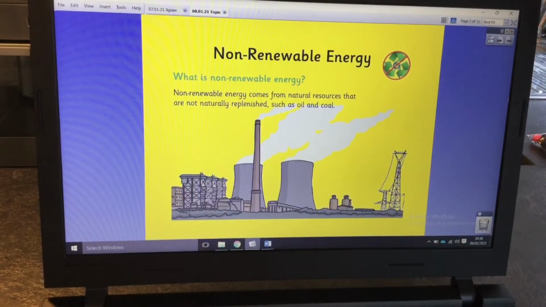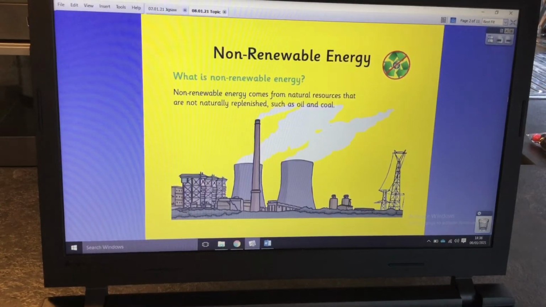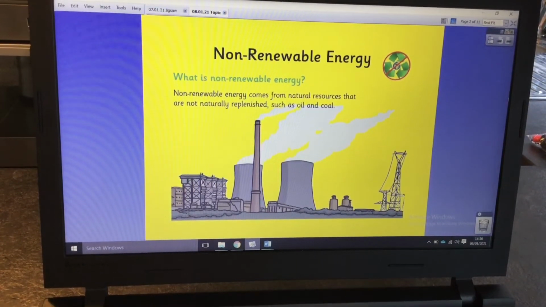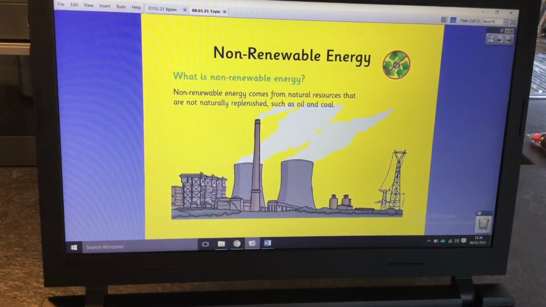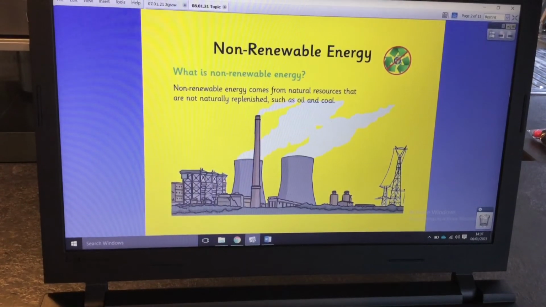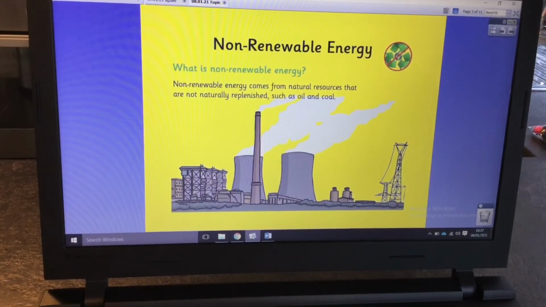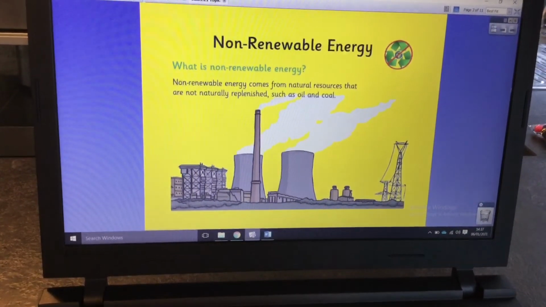We can no longer get energy from these resources because we've used them all up. These are not resources that grow or can be made again. They're natural because they were here on Earth and they're things that humans have found, but they are not things that will grow again. So once they are gone, they are gone.